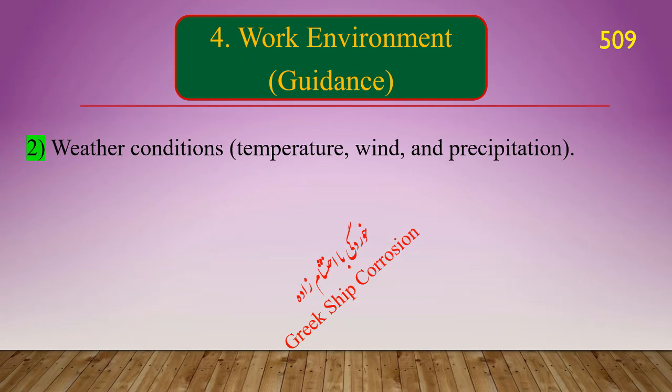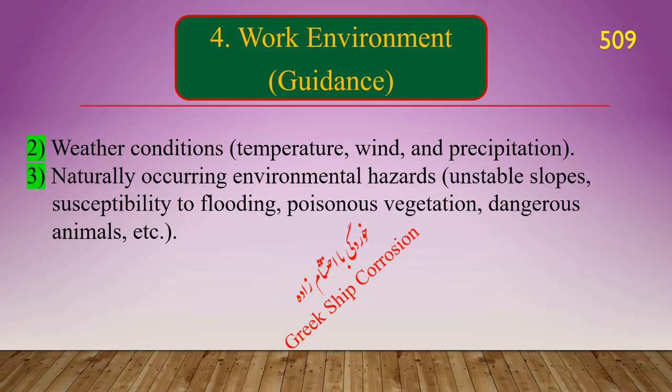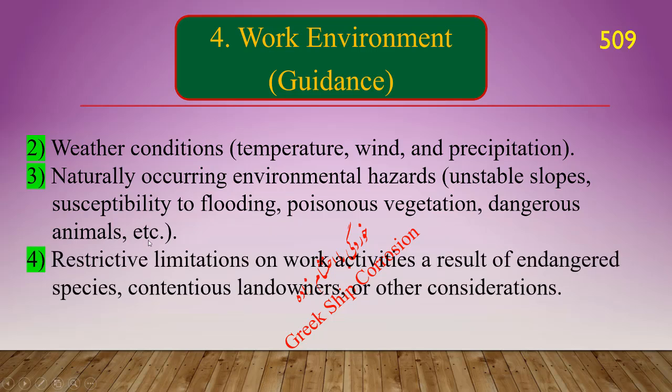Weather conditions, temperature, wind, and precipitation. 3. Naturally occurring environmental hazards, unstable slopes, susceptibility to flooding, poisonous vegetation, dangerous animals, etc. 4. Restrictive limitations on work activities, a result of endangered species, contentious landowners, or other considerations.